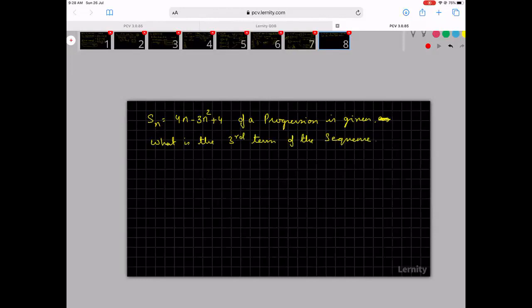The sum of n terms of a progression is given. What is the third term of the sequence?